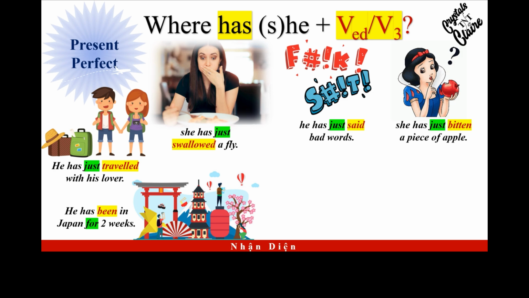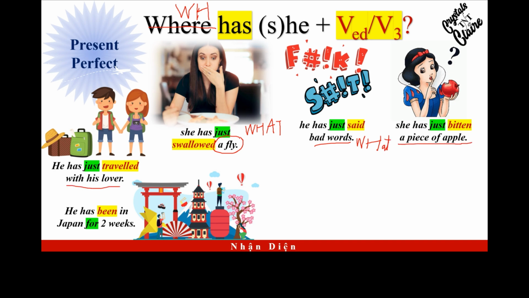Next. When, okay, 2 weeks, the information is 2 weeks. Okay, so you should look at the information here to choose the correct WH word. Not always where here, it's WH here. Okay, and this one is what? A fly is what?